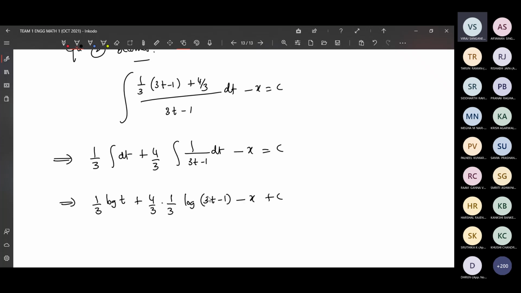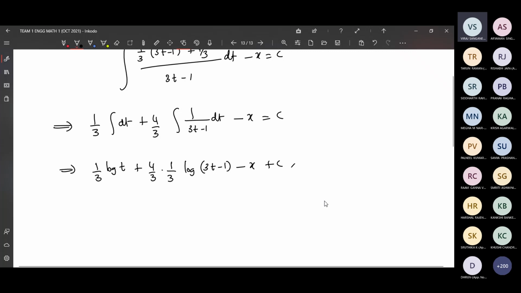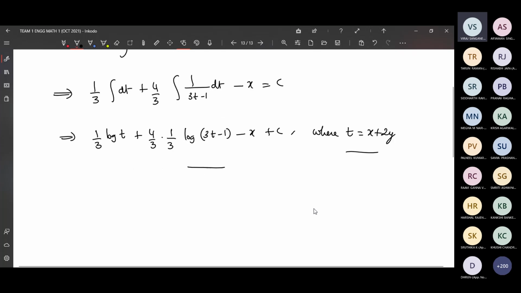Now go for back substitution where t is x plus 2y. That gives you the solution.